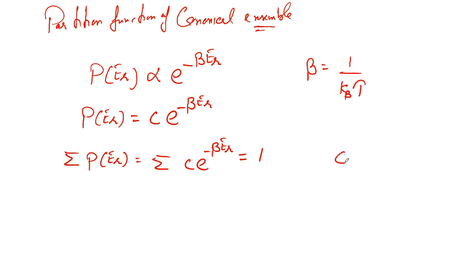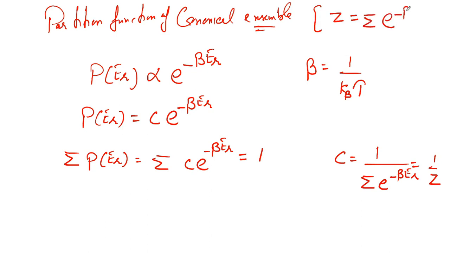So the C value which we have found is 1 over the summation of e raised to power minus B into ER, and this is generally known as the partition function, which we define as Z. So Z is the summation of e raised to power minus B into ER.